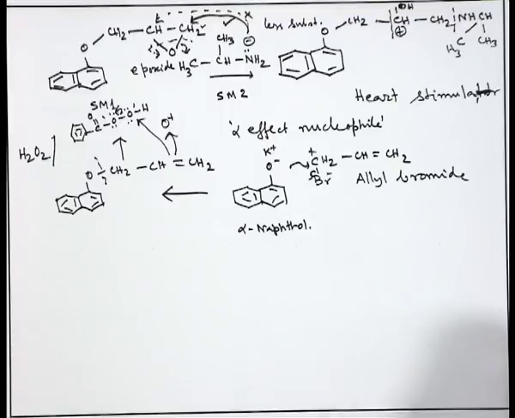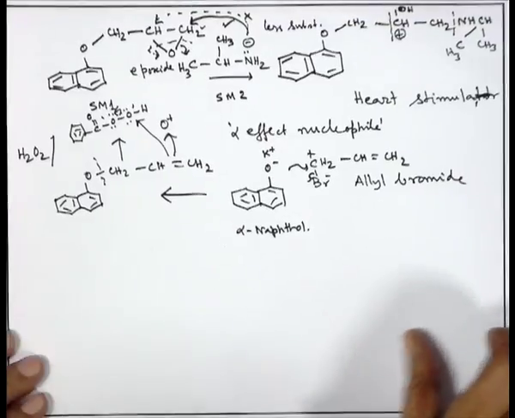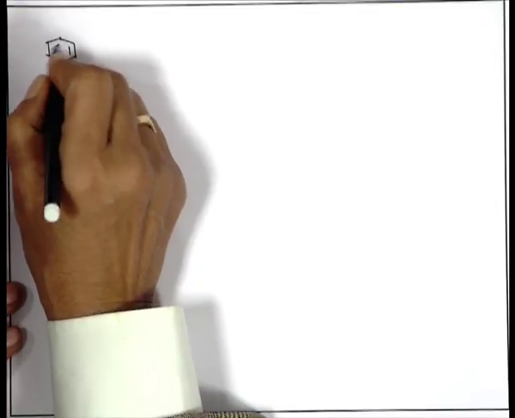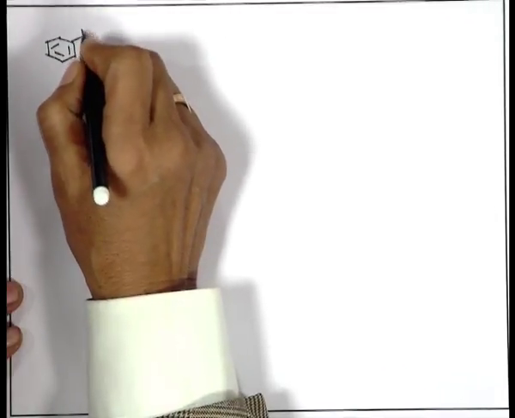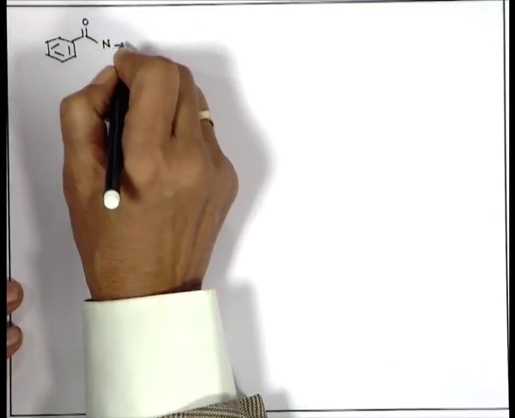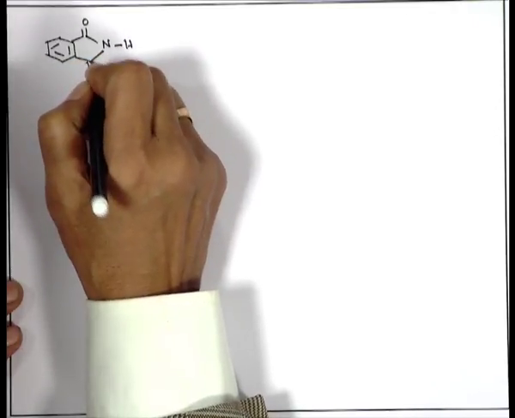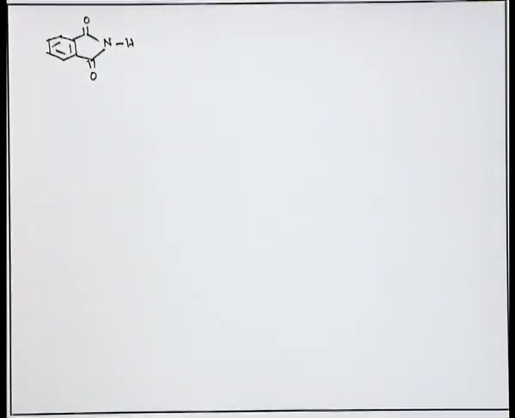And I will tell you one more interesting feature over here, that is, if I write a structure like this, a benzene ring with a carbonyl, with another carbonyl, and ask you what sort of compound is this one?